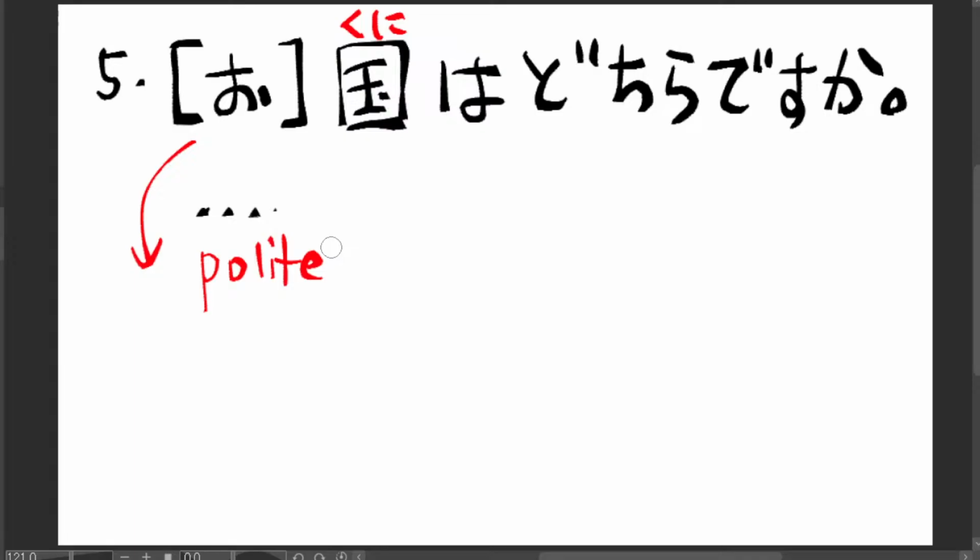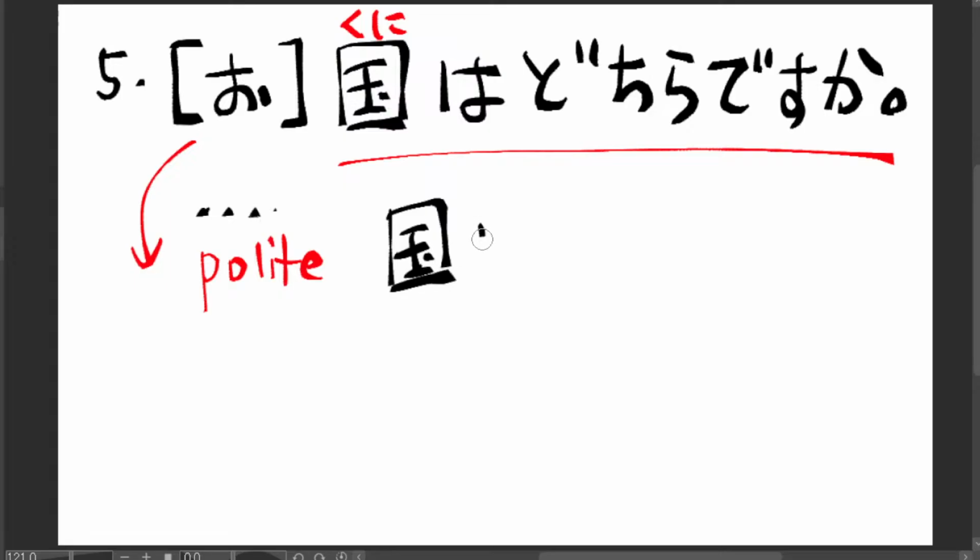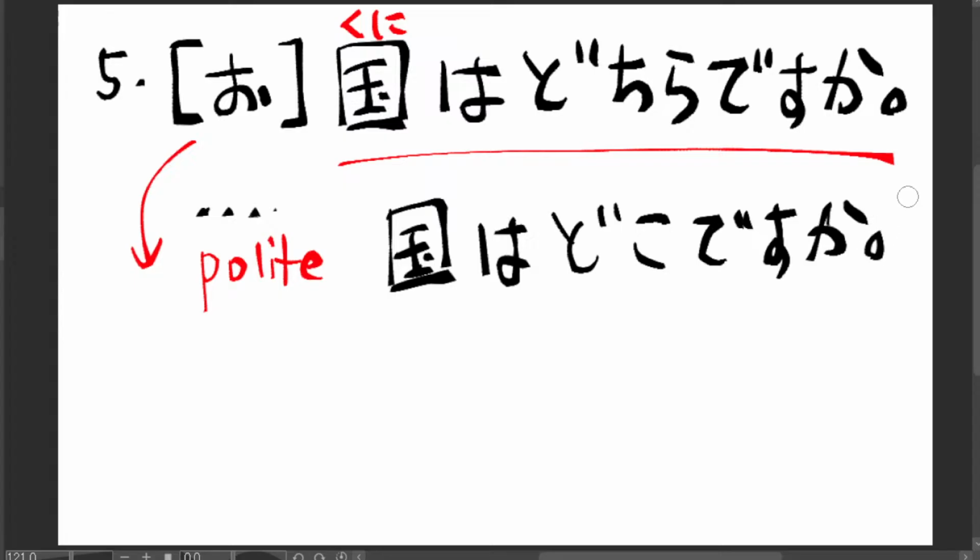So お国はどちらですか？ This is the same as 国はどこですか？ Where is your country?